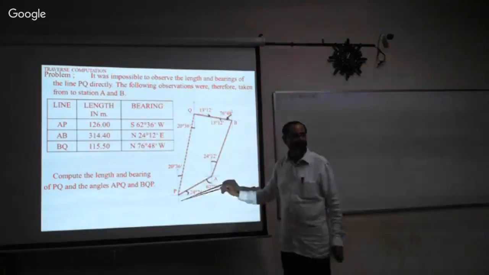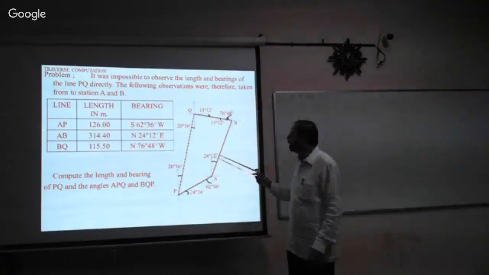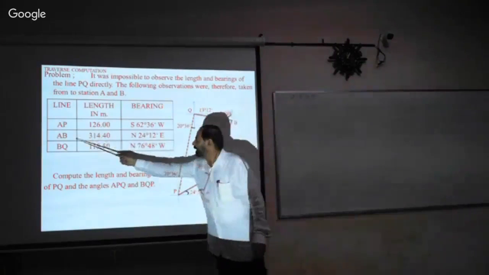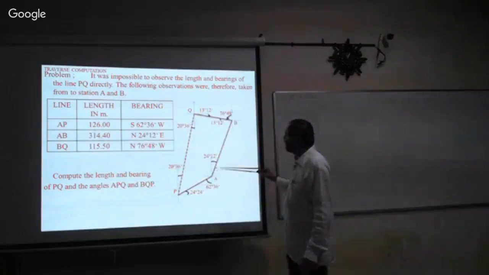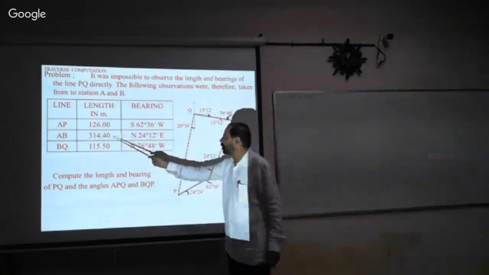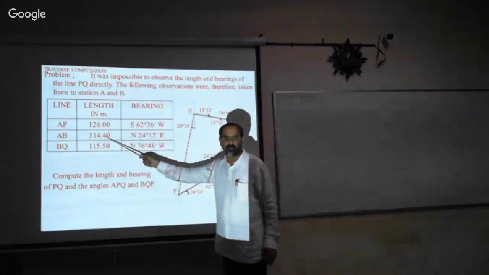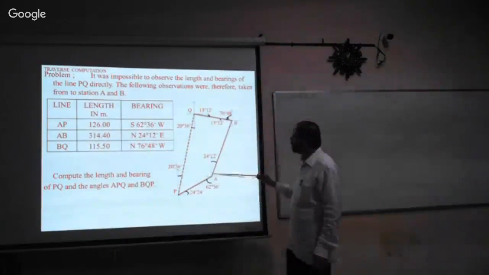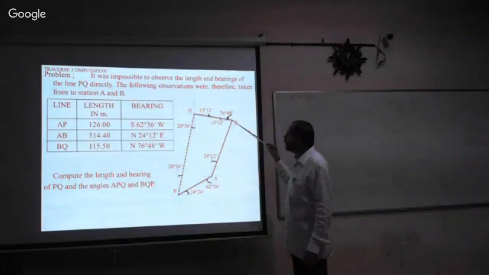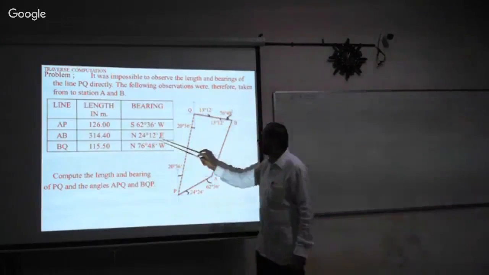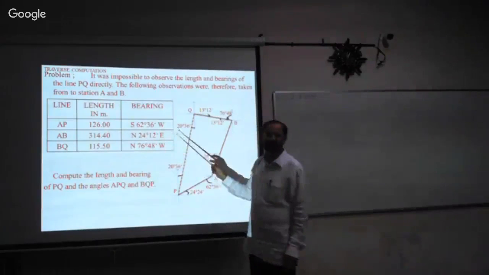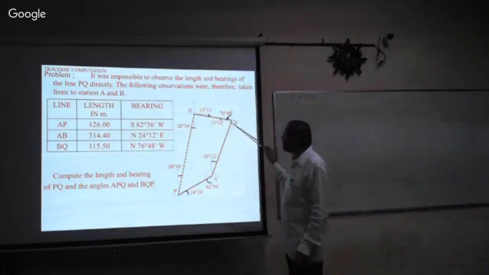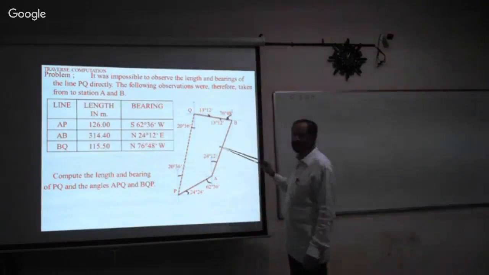A to P. Similarly, the second line A to B is 314.4 meter, and the bearing of the line AB is northeast, that means in the first quadrant.